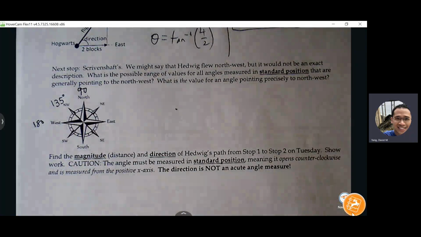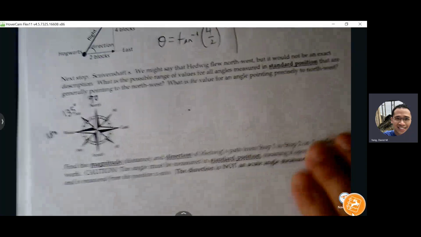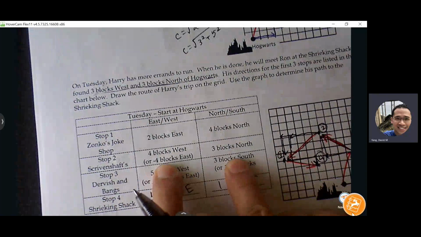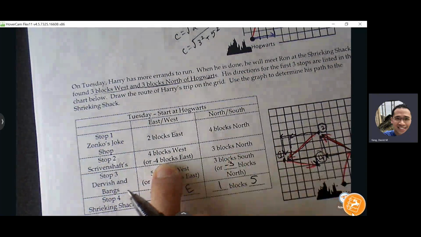Okay, but now we're going to find the exact magnitude and direction from stop 1 to stop 2. So on the previous page, stop 1 to stop 2 is 4 blocks west, 3 blocks north.